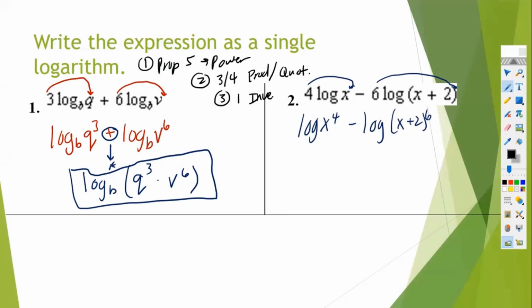This literally means you have x plus 2 times x plus 2 times x plus 2 times x plus 2 times x plus 2 times x plus 2. And we're not going to do that math, okay? We're going to leave it as it is. All right, next, you're going to check, is this quotient or product? Quotient. So it's going to lead to me having 1 base, but we are dividing our arguments. X to the 4 divided by x plus 2 to the 6. And that is it.